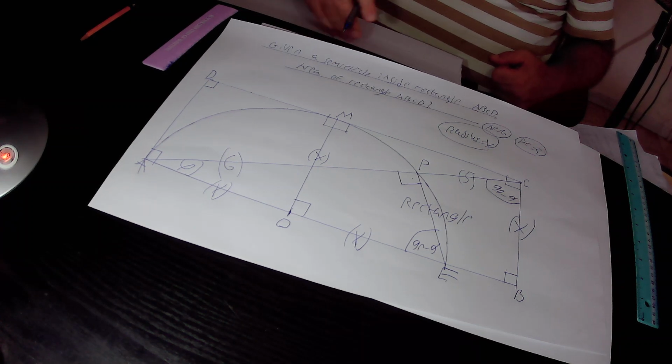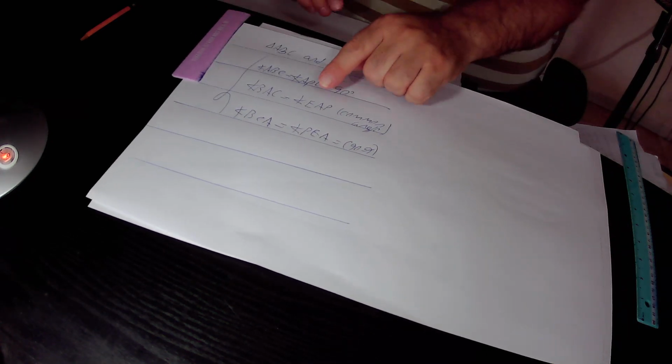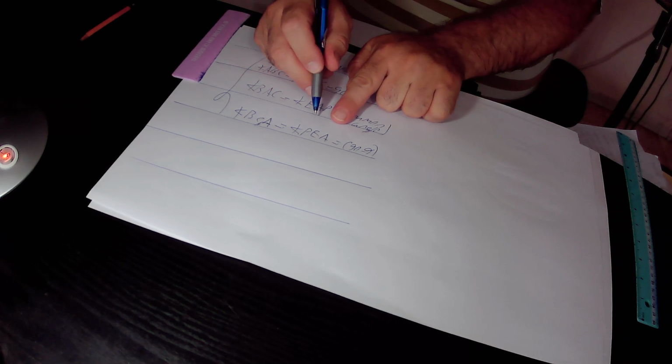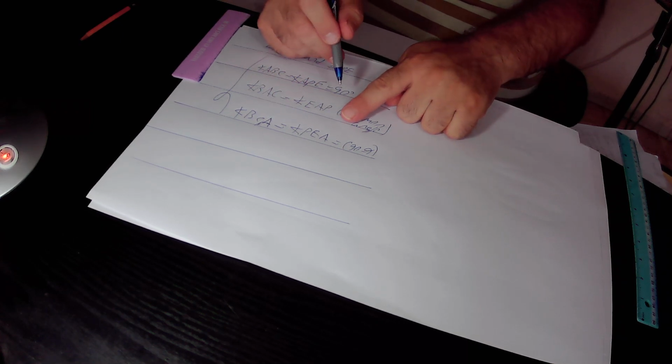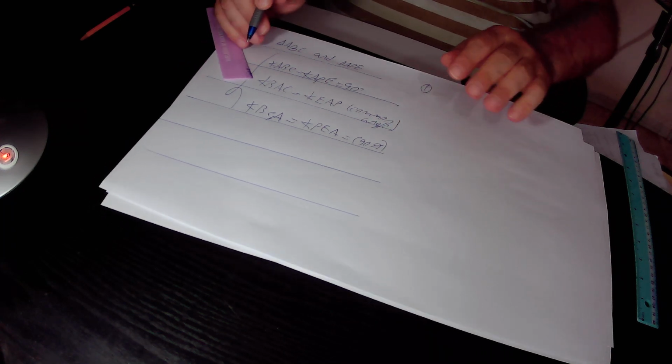So repeat again, we shall find that angle BCA in the right triangle ABC is equal to angle PEA in the right triangle EPA, and they are both equal to 90 degrees minus alpha, therefore they are equal to each other.